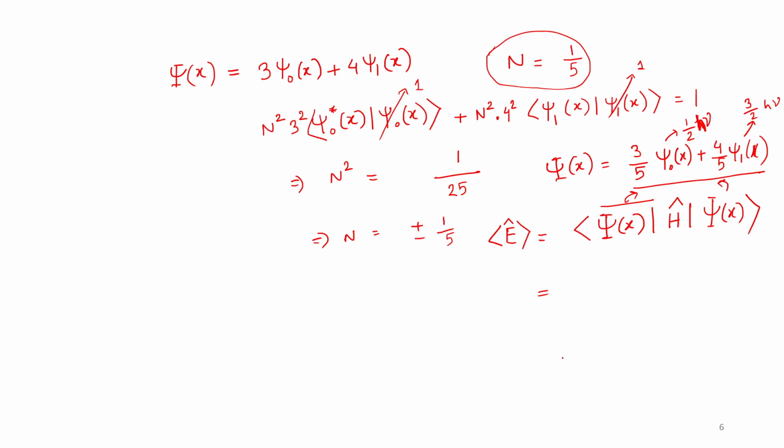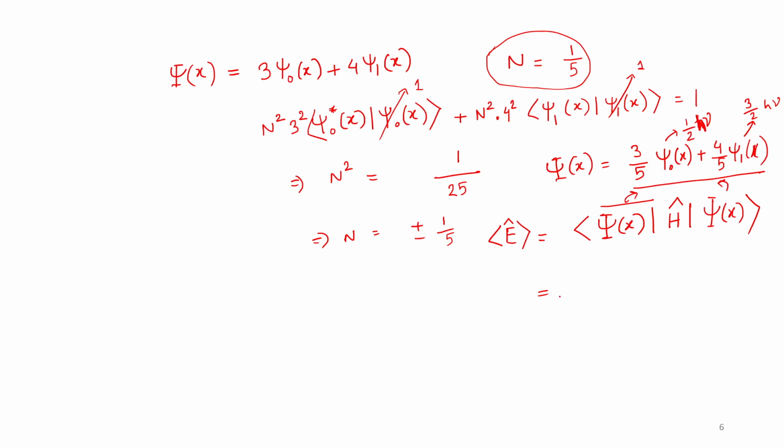I calculated this way: psi is expressed as a linear combination of two basis functions. So I took mod C0 square plus mod C1 square. No, I mean mod C0 square into E0 plus mod C1 square into E1. In that way, I calculated.